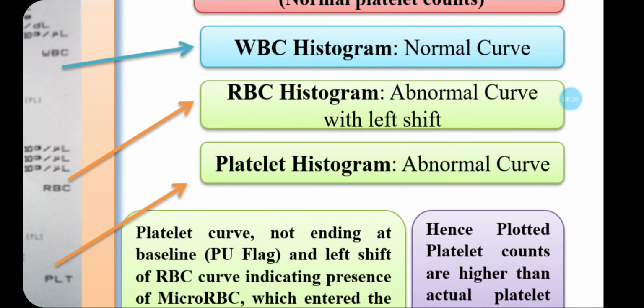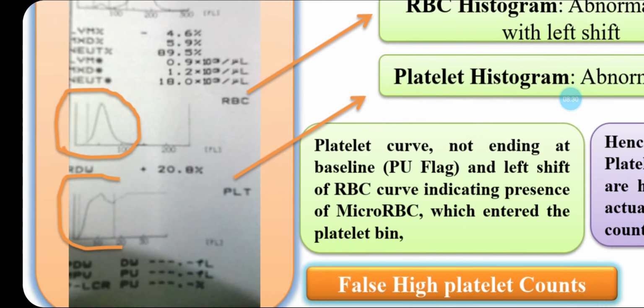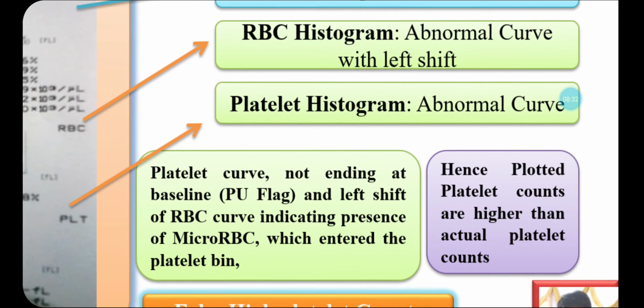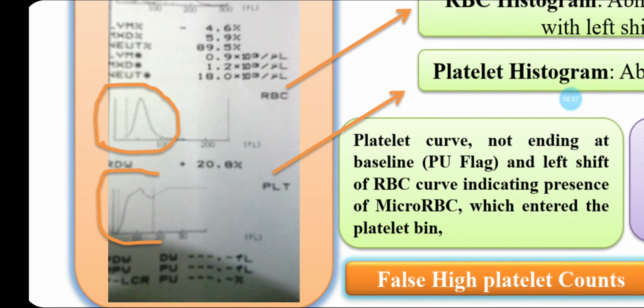The WBC histogram appears normal, but the RBC histogram is abnormal and shifted towards the left, and we can see that a few percent, 1% or 2%, of the RBC cells are entering the platelet bin. The same can be appreciated in the platelet histogram as well.